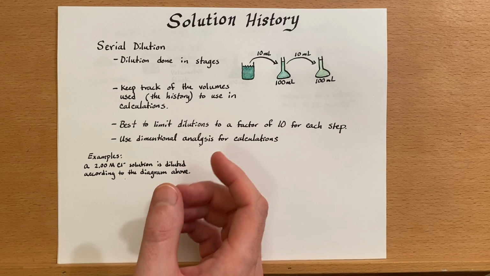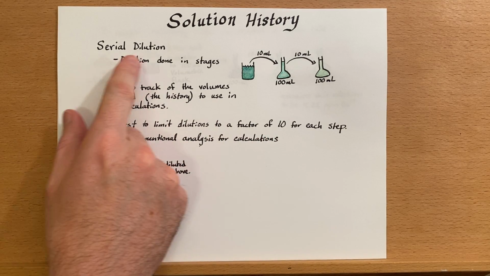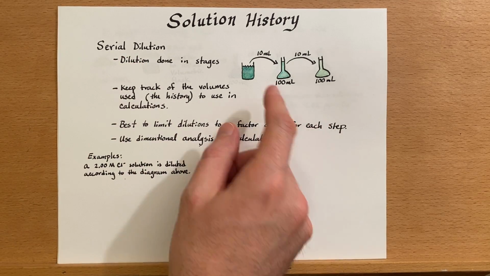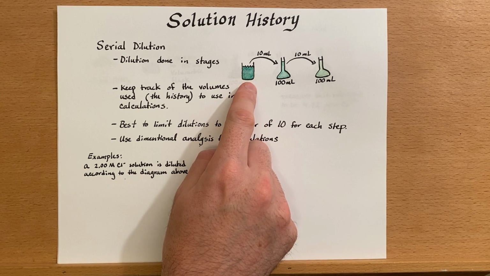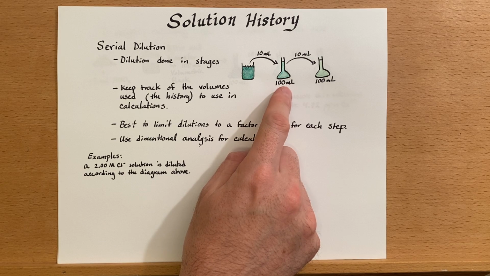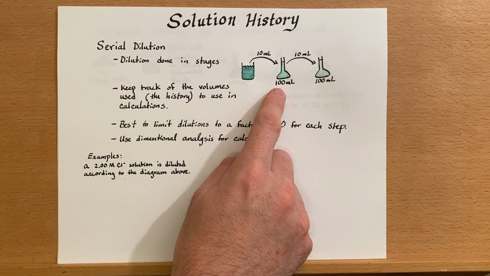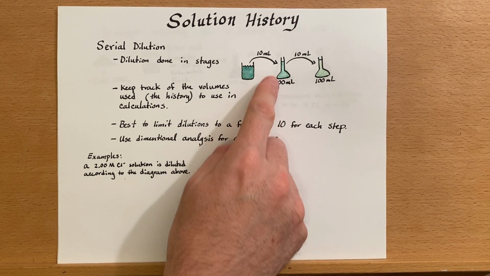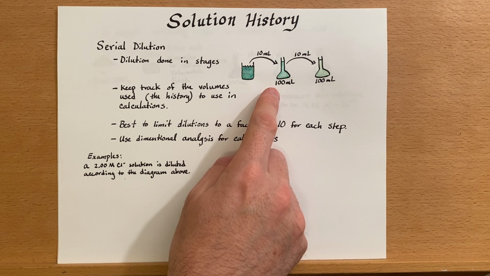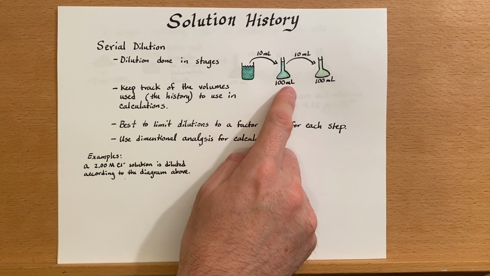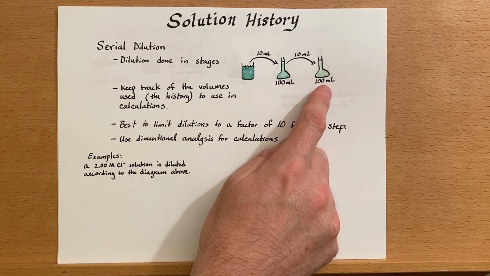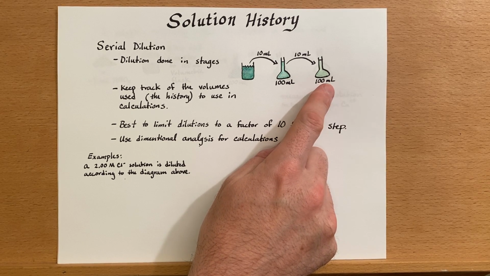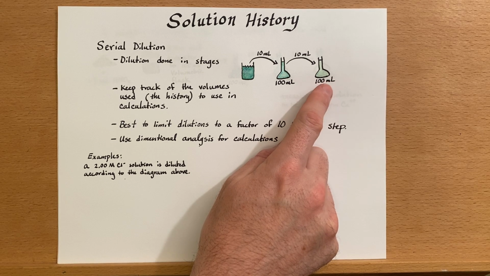Well, we can do this to keep track of a serial dilution. That is, we take a solution and perform a dilution on it, and then accurately create a new, bigger volume, and then we may take some of that solution and perform an additional dilution on it to achieve an even more dilute sample.